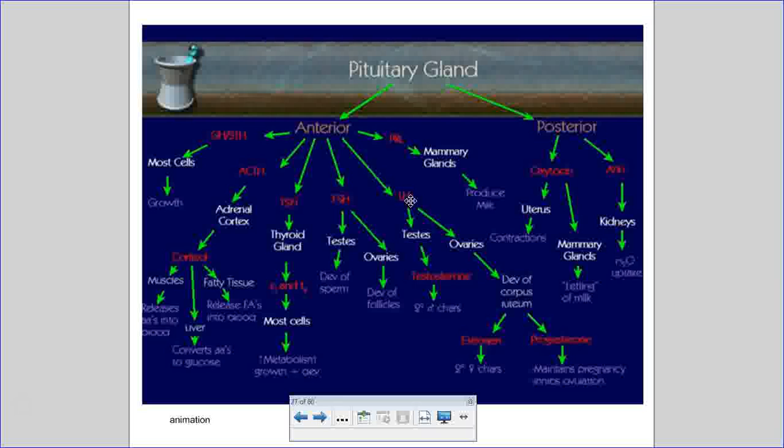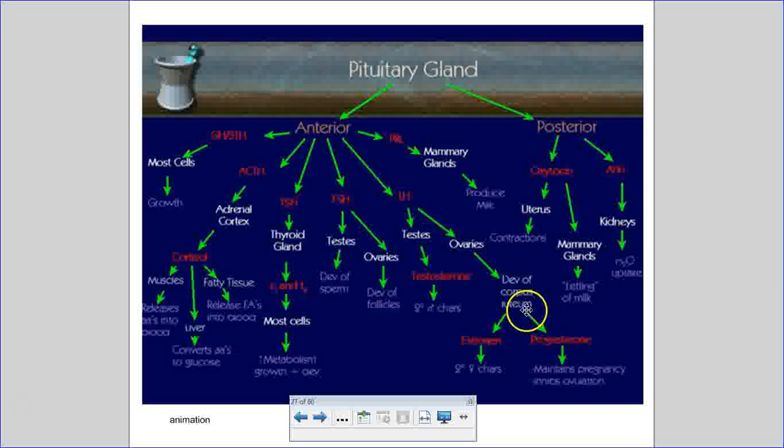The fifth one also acts on the testes and ovaries. This is called luteinizing hormone, and it's called that because in the ovaries it causes basically ovulation and subsequent development of the corpus luteum. So luteinizing because it causes development of the corpus luteum.